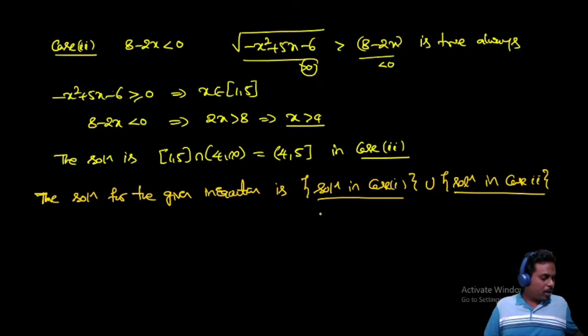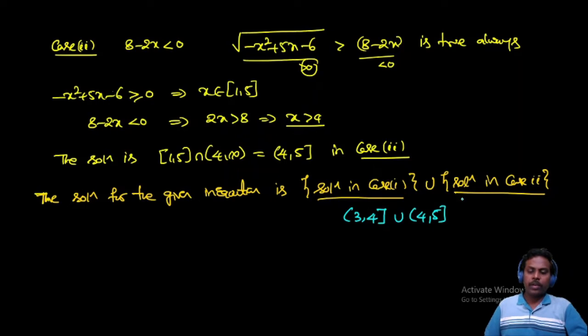Okay. Now, what is the solution in case 1? Case 1, the solution is open 3 to closed 4. Union, here it is 4 to closed 5.